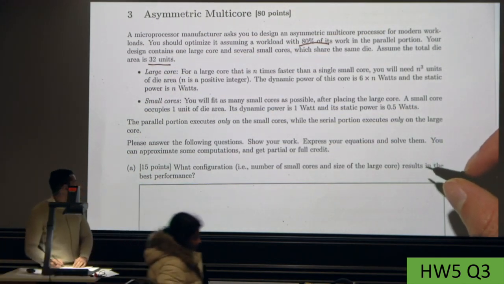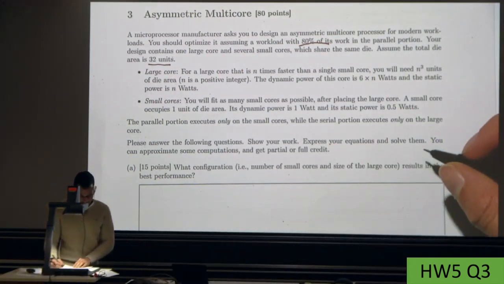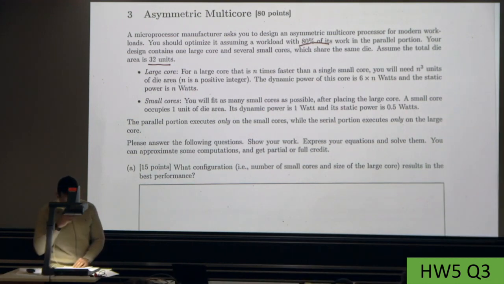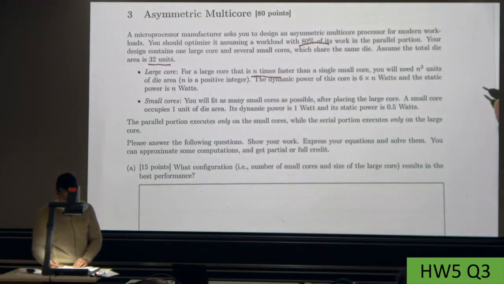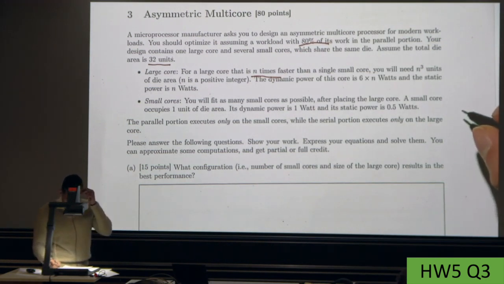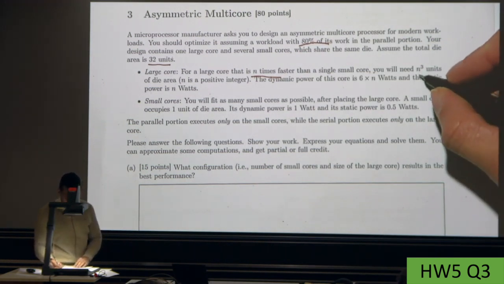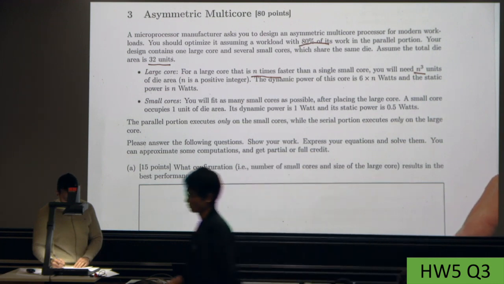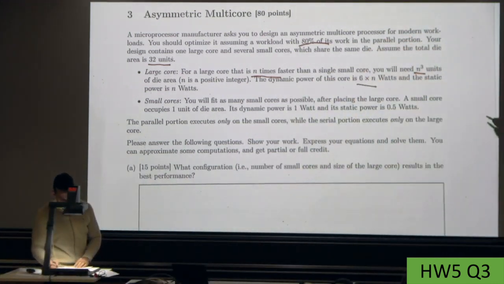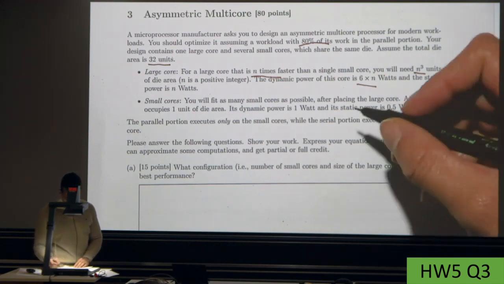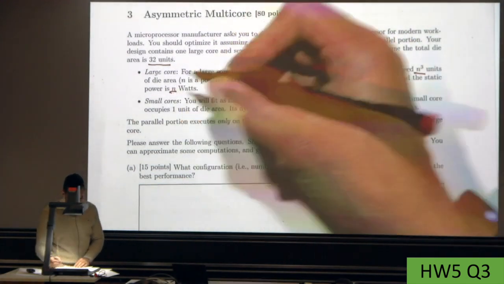So then you have the configurations of the large and small cores. For the large cores, it is n times faster than a single small core, and it takes an area of n cubed units of area, a dynamic power of 6 times n, and a static power of n watts.